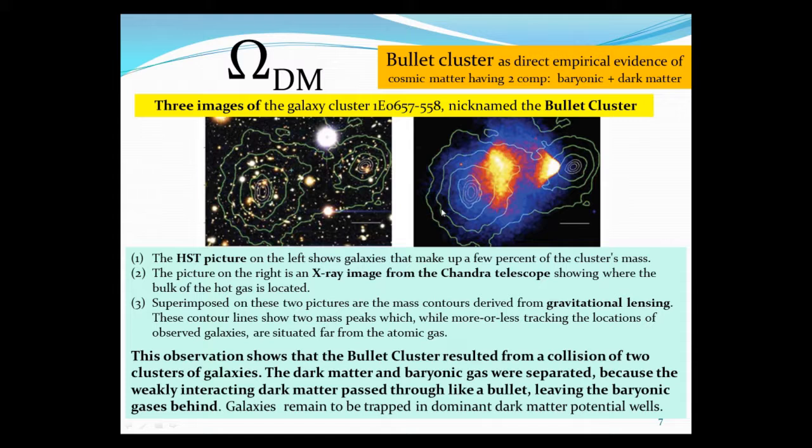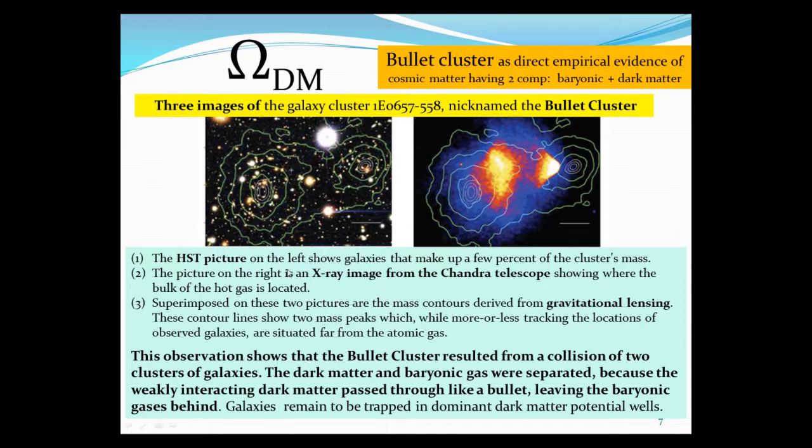And then the picture on the right-hand side is the X-ray image of the same area by the Chandra X-ray telescope, showing where the bulk of the hot gas is located. See these? Okay. And superimposed on both images, or the third images, is the mass distribution deduced from gravitational lensing.